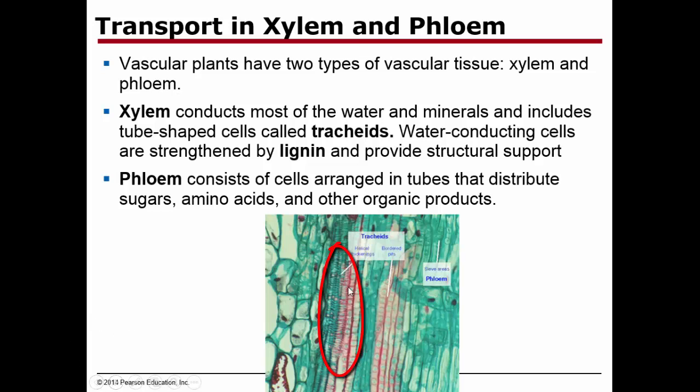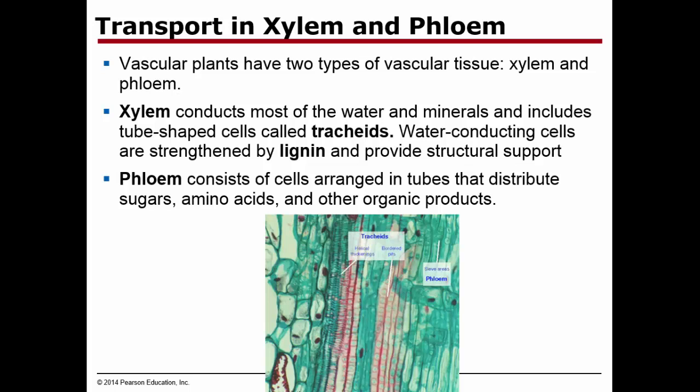Notice this cross-hatching on the tracheid cells. That's a strong, tough structural material called lignin that helps the plant to stand upright and grow extra tall. Lignin is present in high concentrations in plants that we consider to be woody.